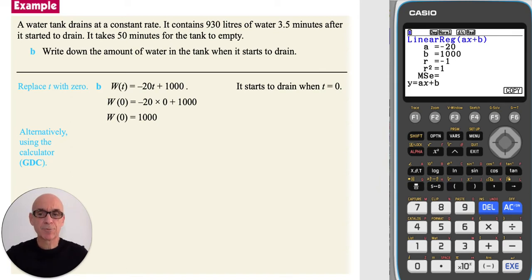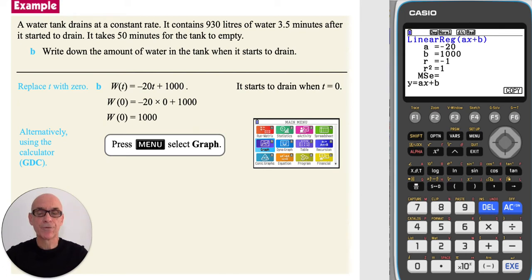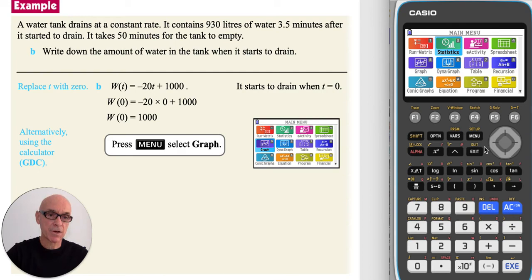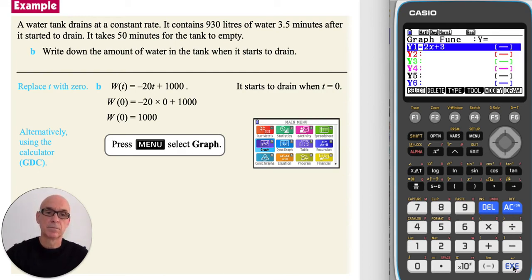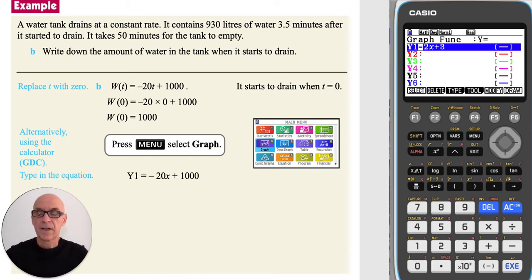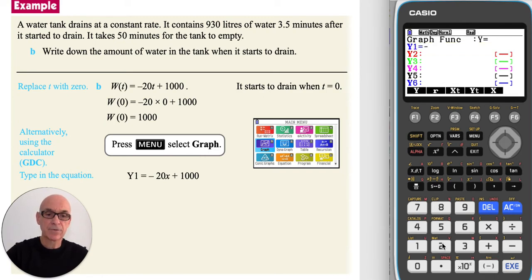Alternatively, we could solve this problem using the calculator by drawing the graph of the function. From the main menu, we select Graph, and type the function into y1, so that's negative 20, pressing the x variable for t, and then plus 1000. Pressing Execute to enter the equation.